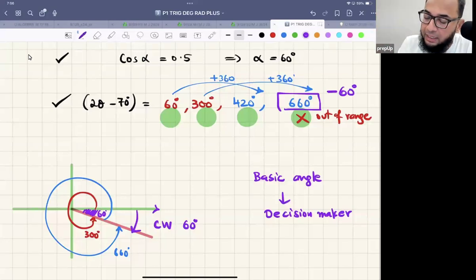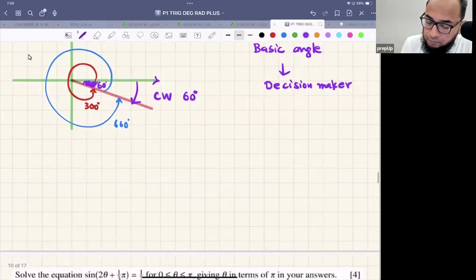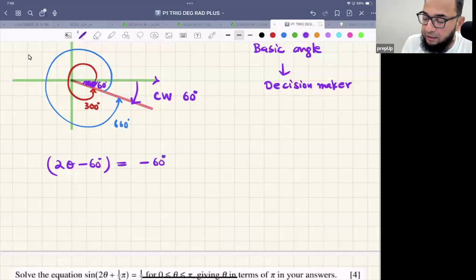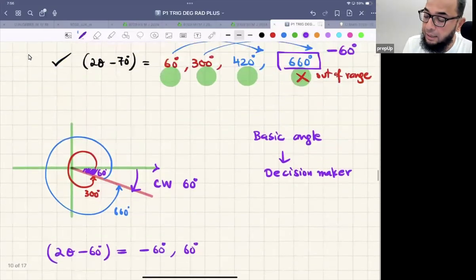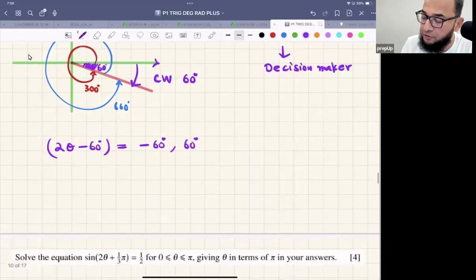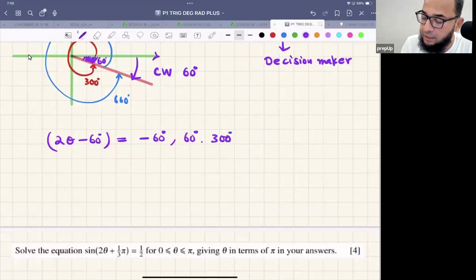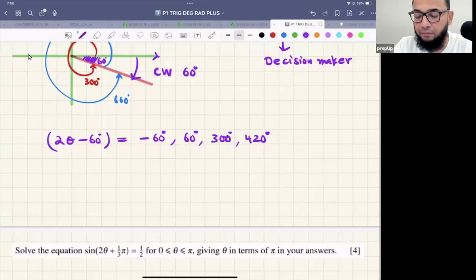So now let me write in the proper order. 2 theta minus 60 degrees is equals to negative 60, positive 60, and then we have 300 and 420. 300 and 420 degrees. All good, all clear? So now that thing is replaced and we have these 4 things. So now what we will do is that we will make theta the subject.